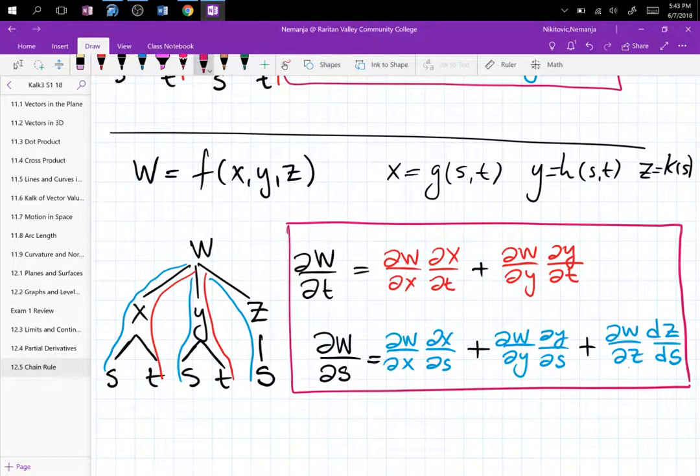But then you should also have a problem like this: draw the tree diagram, create the formula, and then I give you a whole bunch of stuff in some configuration like this, and then you just plow through it. Now the hope is that you will be able to use the formula once you develop the formula.